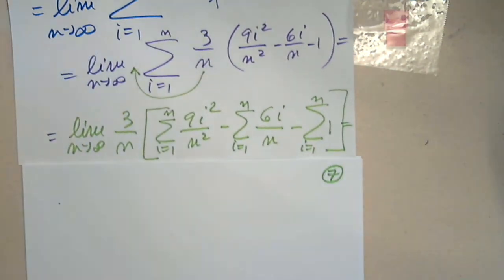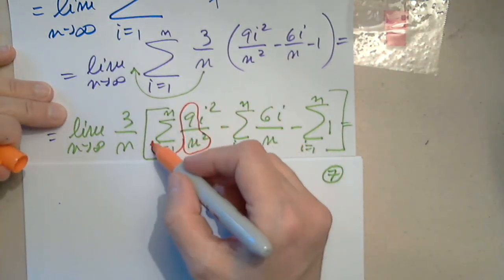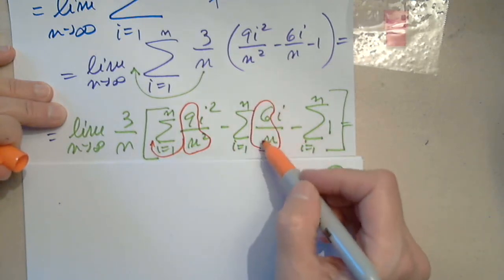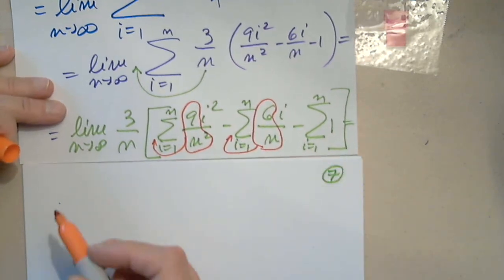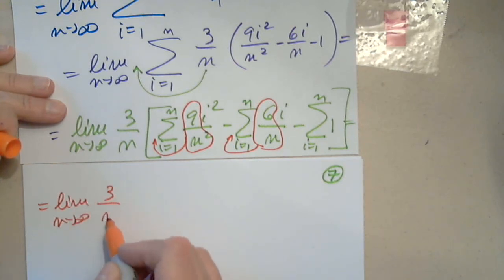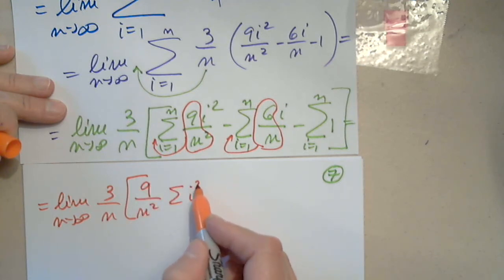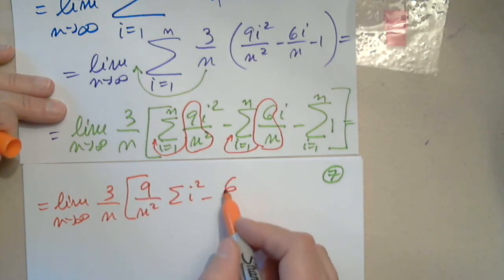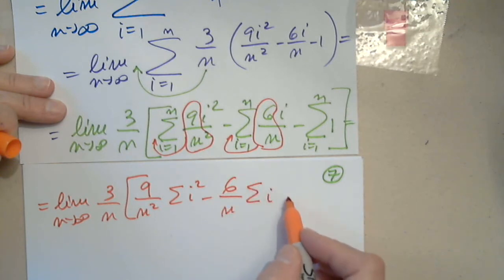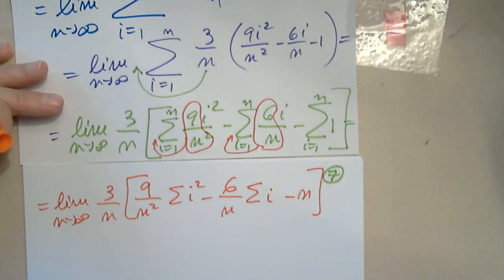My next step is to realize that there is a constant here that multiplies i squared, will go out. There is a constant here that multiplies i and will go out. So this is limit as n approaches infinity of 3 over n, 9 over n squared, the sum of i squared, minus 6 over n, the sum of i, and I can already replace this by n from last time.